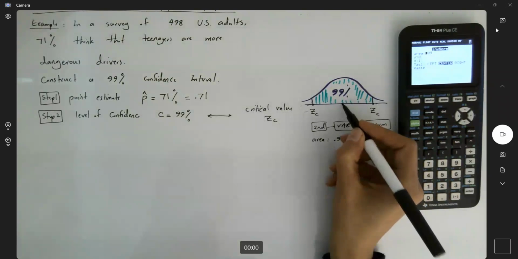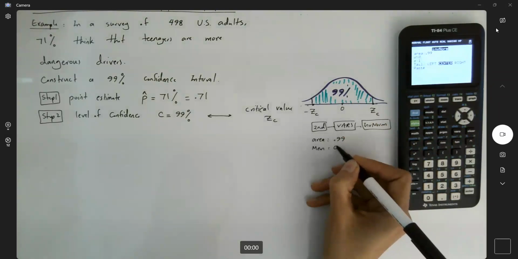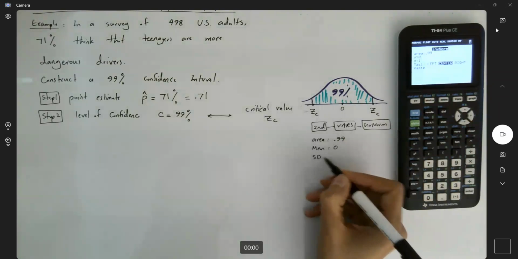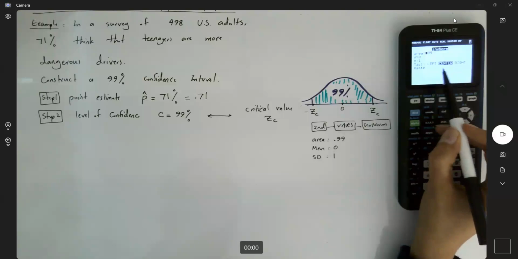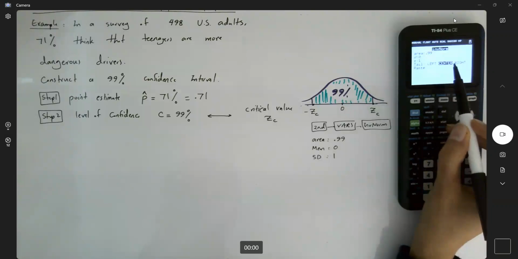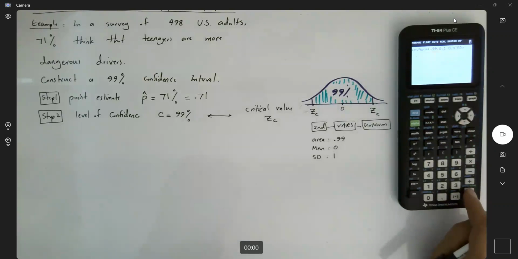The mean for the standard normal distribution is 0, and the standard deviation, sigma, is 1. If your calculator has the tail, you need to select the center. Paste.